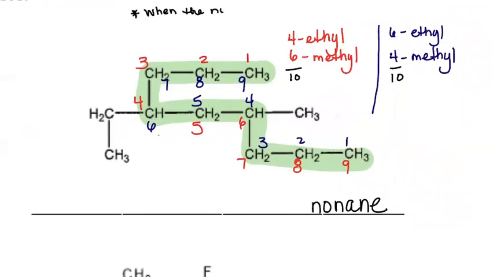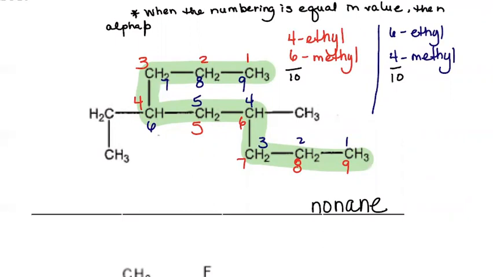When the numbering is equal in value, then alphabetical order determines the correct order.